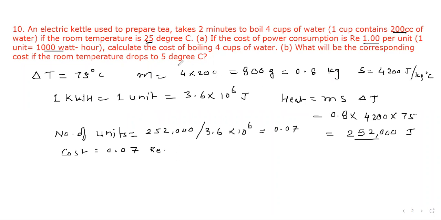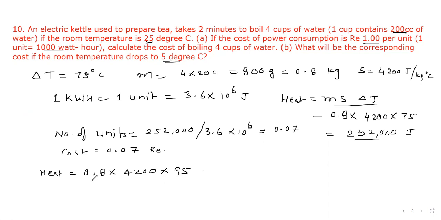Now, in second case, if temperature starts from 5 degrees centigrade, it goes up to the boiling point, that is, there will be temperature difference of 95 degrees. So here, heat will be equal to m is same 0.8, specific heat is 4200, temperature difference will be 95 this time. So we have to find out number of units.